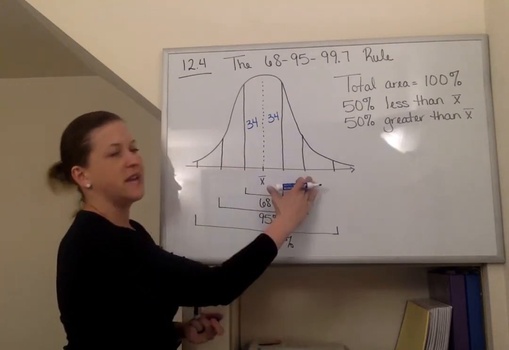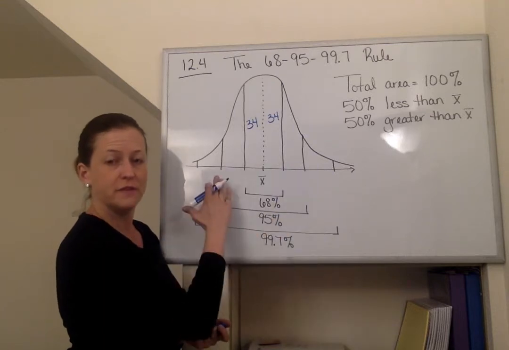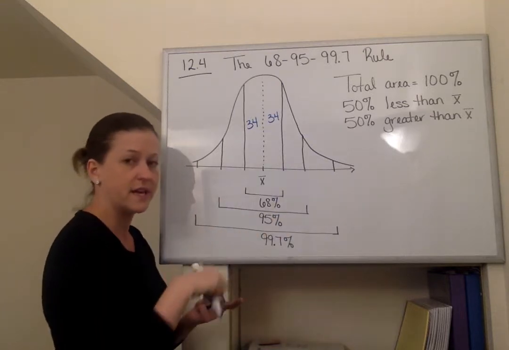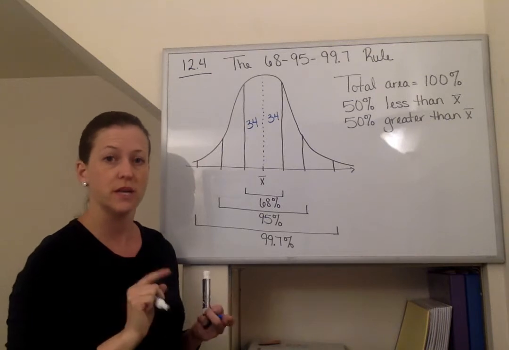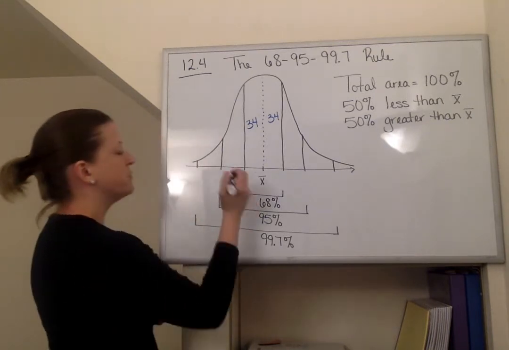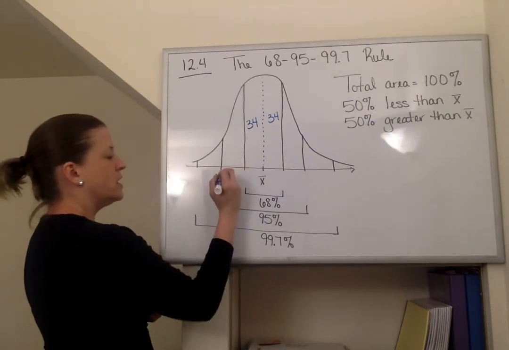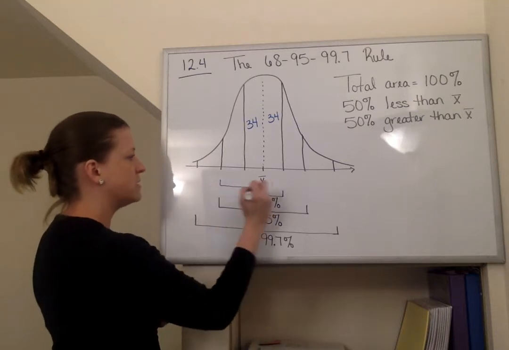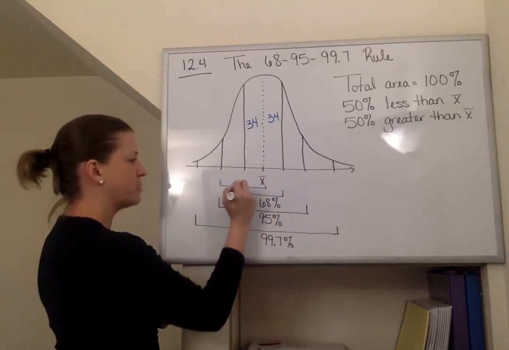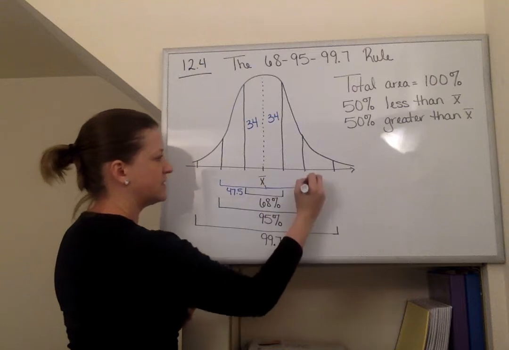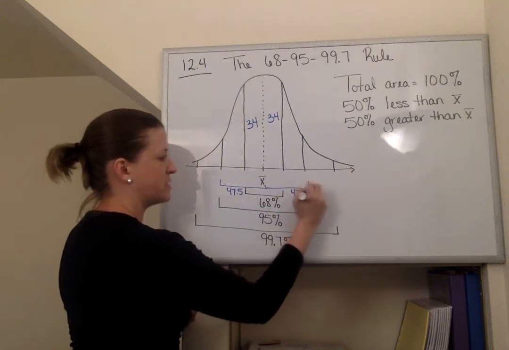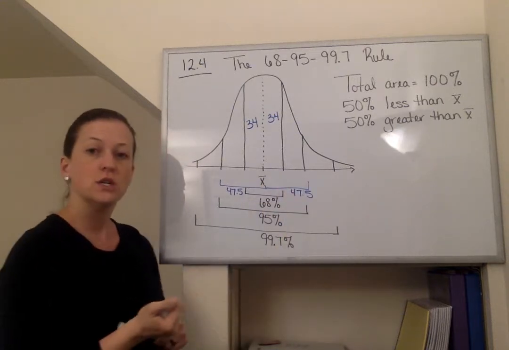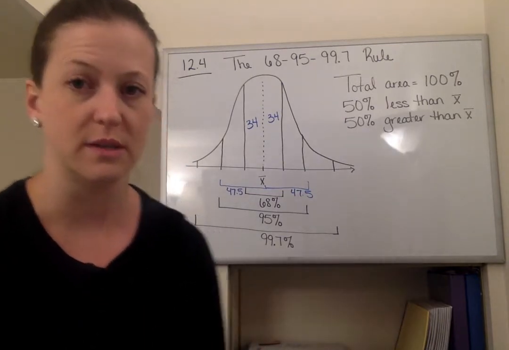Similarly, if we take the 95 and cut it in half, 95 divided by 2 is 47.5. So this is about 47.5%, and this is about 47.5%. You need to be able to play with the numbers a little bit.